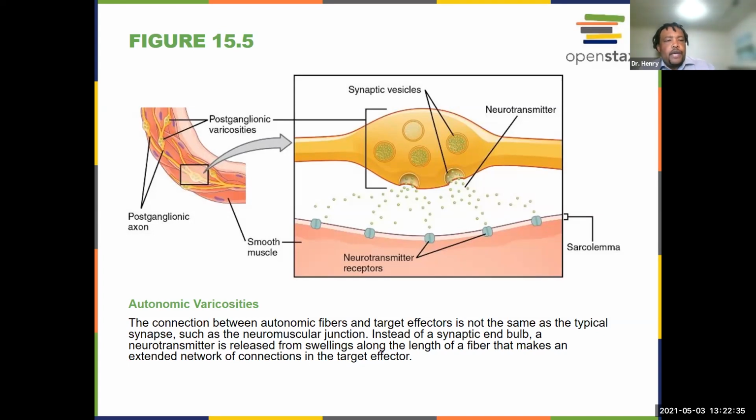In this case, this is going to be happening along the smooth muscles, and the intestinal tract, things like that. So you're going to have more of these types of synaptic connections compared to what you're going to see in the somatic type connections, what happens more with the skeletal muscles.